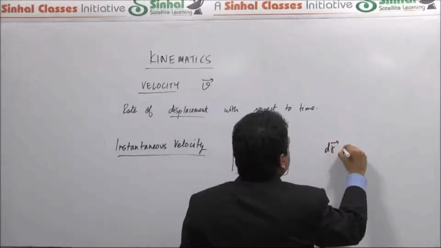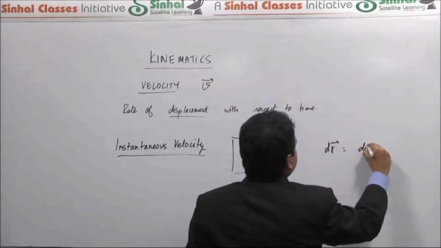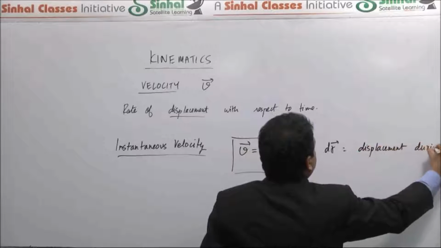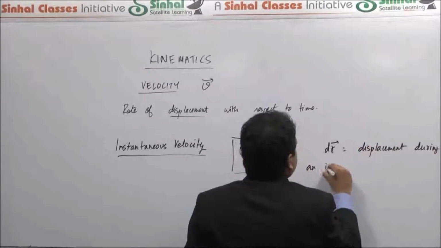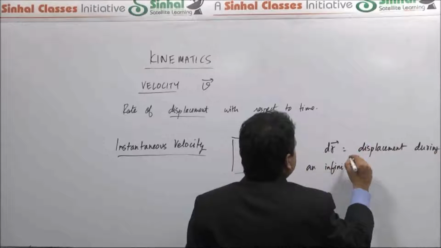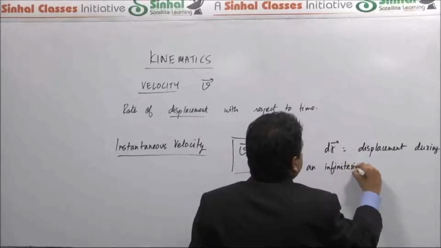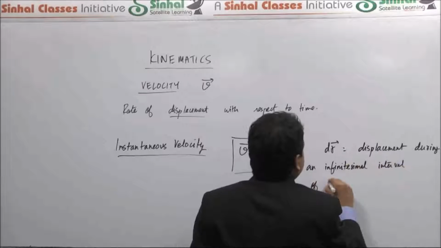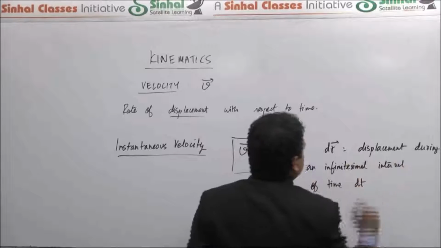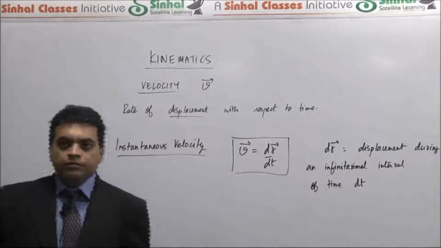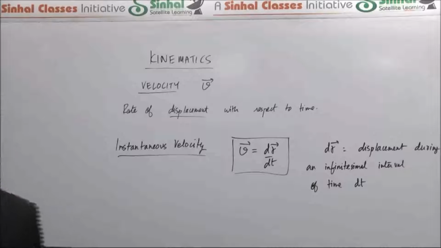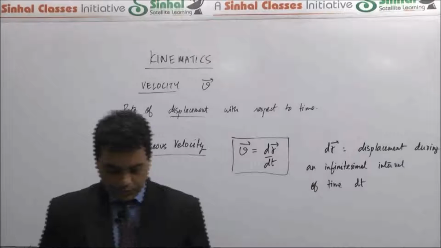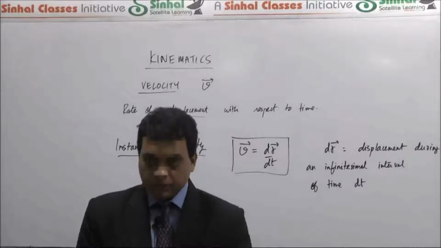So dr is the displacement during an infinitesimal interval of time. Right. So that's how we define the instantaneous velocity versus the average velocity. Very important concept for us over there, right?